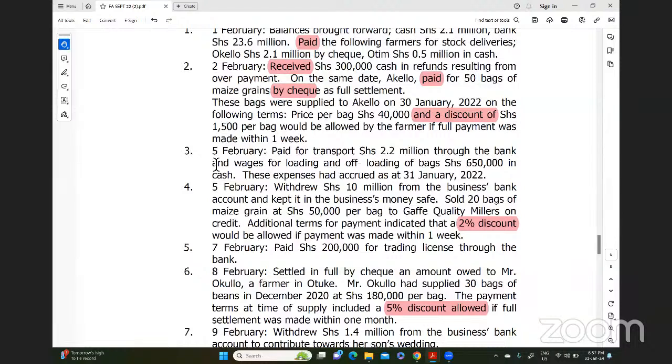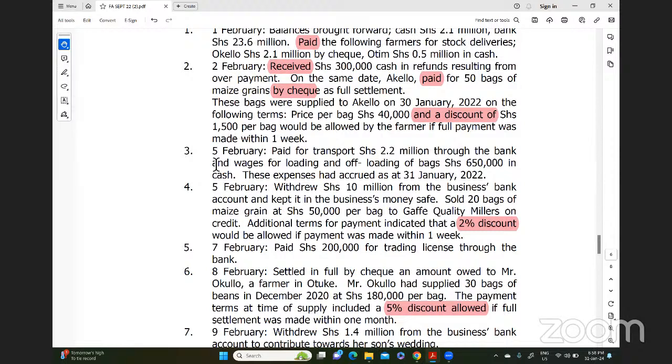Then transaction number 4 on the same 5th: withdrew shillings 10 million from the business's bank account and kept it in the business's money safe. Selling 20 bags is another transaction. But the first one is that we are withdrawing 10 million and putting it in the business's money safe, so it is now cash.